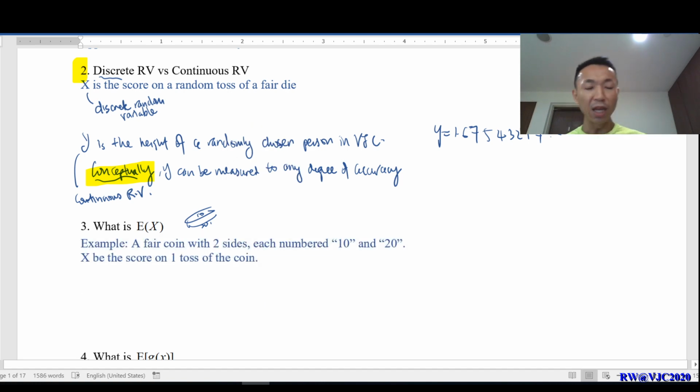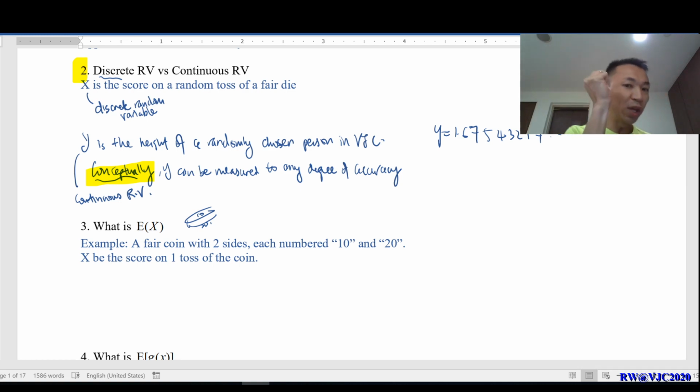What is the meaning of expected value of X? Intuitively, I think you know what is expected value of X. In this case, expected value of X is 15, because between 10 and 20, somewhere in between, 15. Now, let's define this.